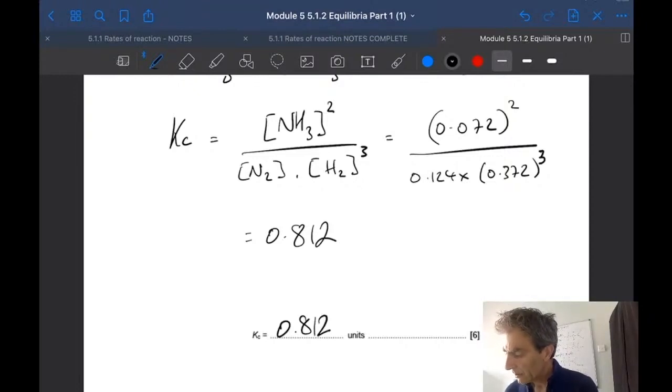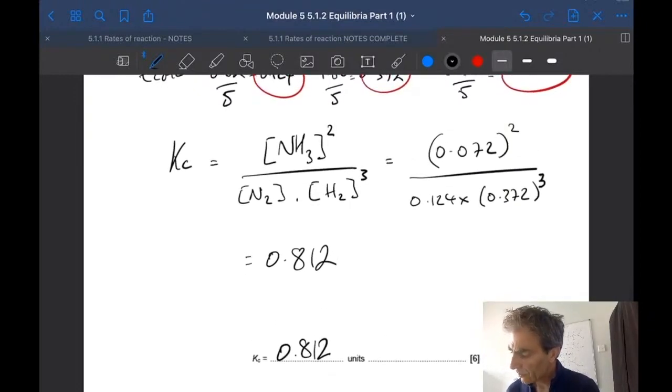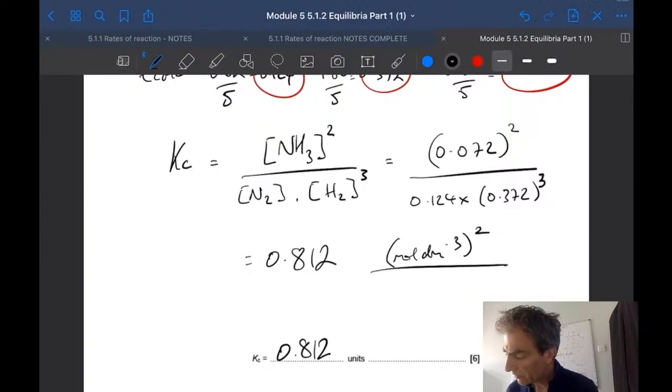Okay. Units. So what have we got on the top? We've got moles per decimeter cubed squared on the top, because the concentration term is squared on the top, the numerator. The denominator will have moles per decimeter cubed to the power 4. So essentially this cancels down to moles per decimeter cubed squared.